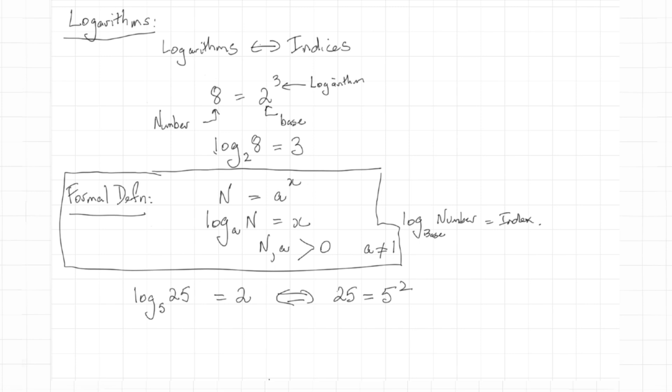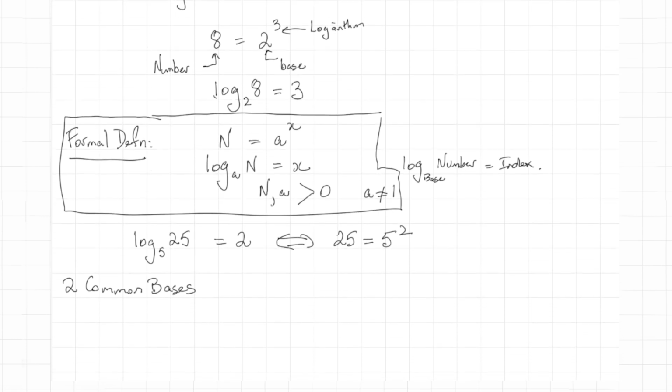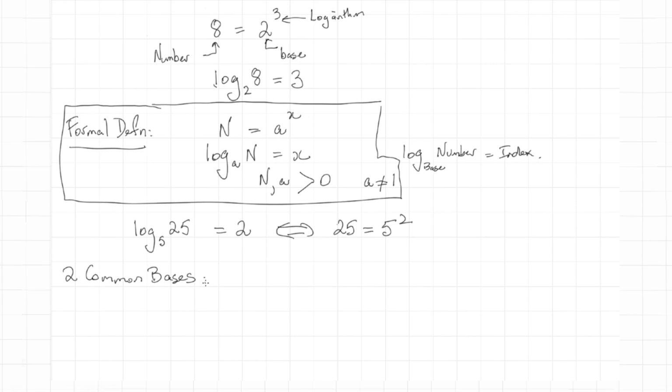There are two common bases. If you have a look on your calculator, you'll see that there are 2 log buttons. We've got base 10 and we've got base E. Now base 10 can be written as log to base 10 of say 1,000.